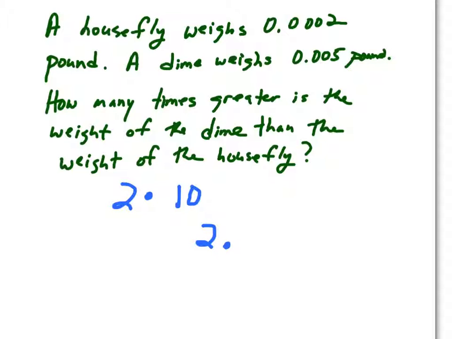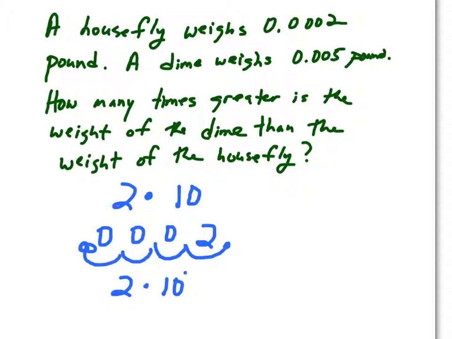I need to move it once, twice, 3 times, 4 times. So that's going to mean what I have here is 2 times 10 to the negative 4th. That's the number of pounds, I mean, it's a fraction of a pound for the housefly.